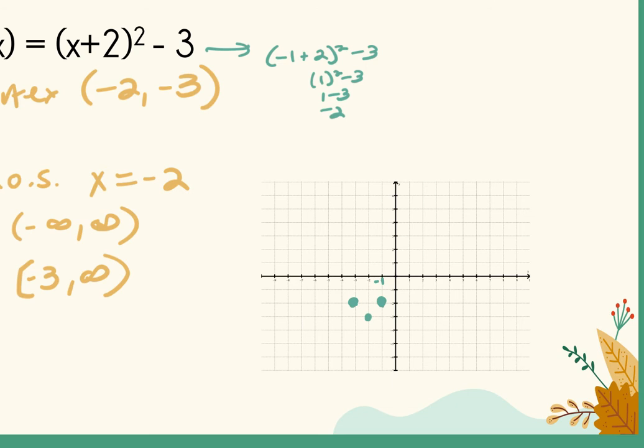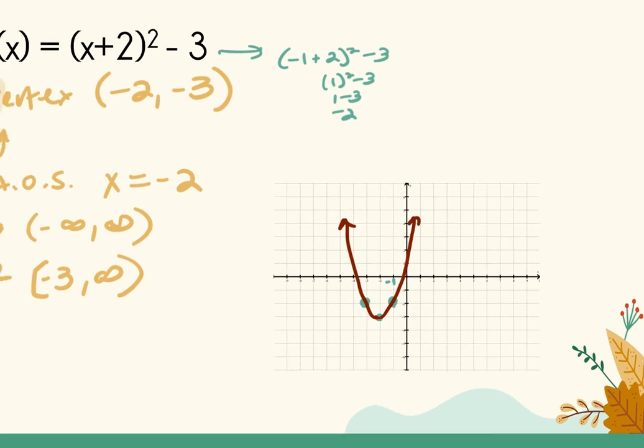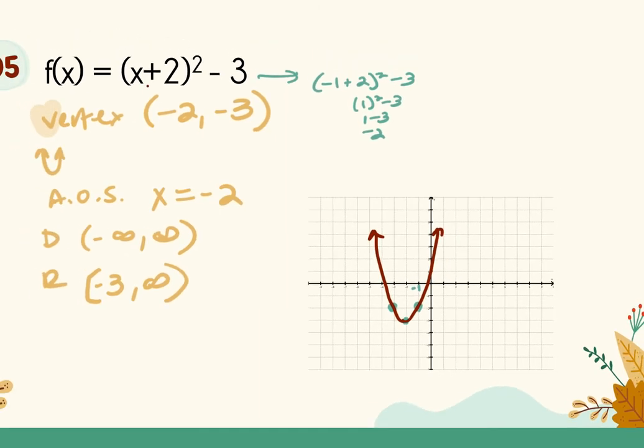For the vertex, I got -2 because it's the opposite of what follows x. Then because that's my x, that's why the axis of symmetry is there. There's also a minimum value here because it opens upward. If it asks for it, the minimum is the k value of my vertex, which would be -3.